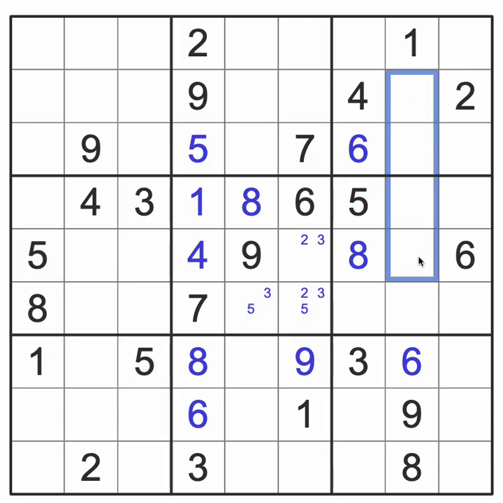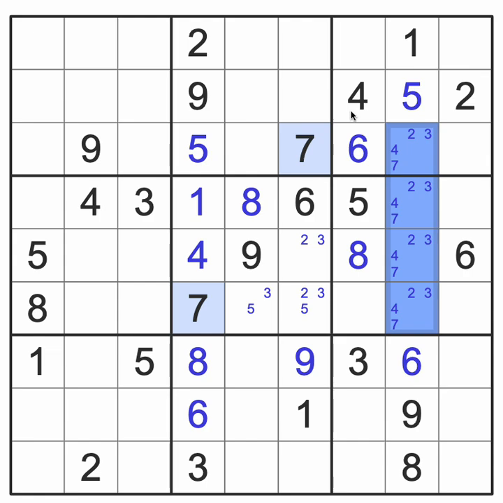Now looking at this column, 5 here blocks these 3 cells, and this 5 blocks here. So 5 comes in here. And now these are left with 2, 3, 4, 7.